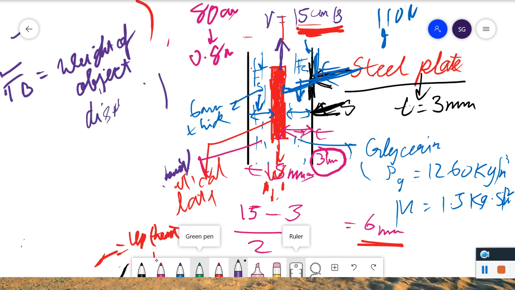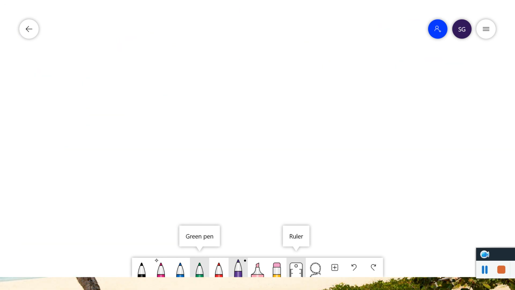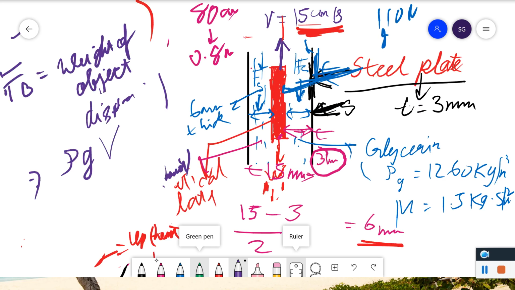So this will calculate out to be rho into g into volume, rho g V. Basically the formula of Fb is rho g V, that is rho is 1260 into 9.81 into volume.